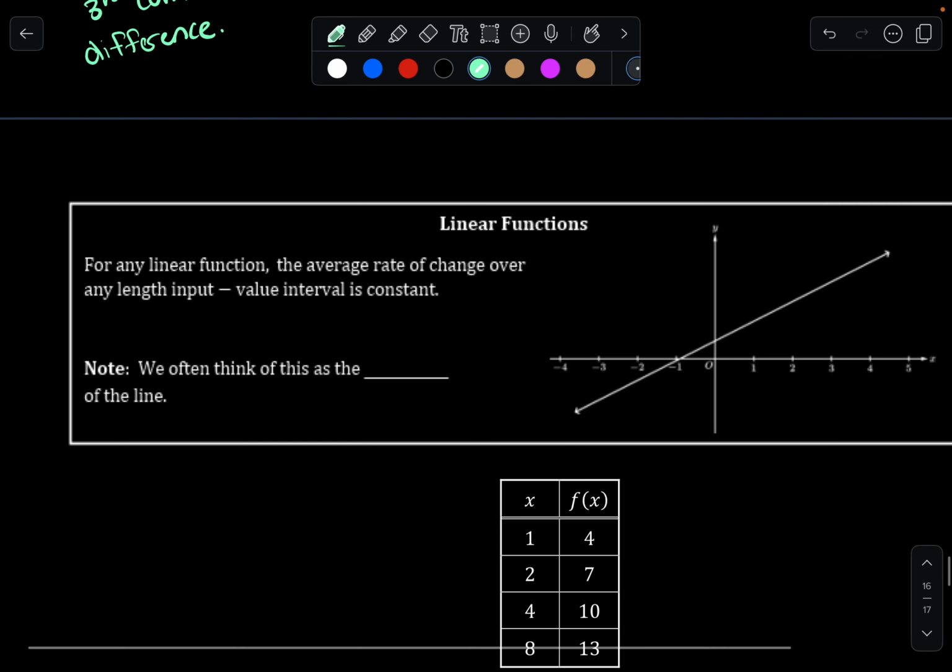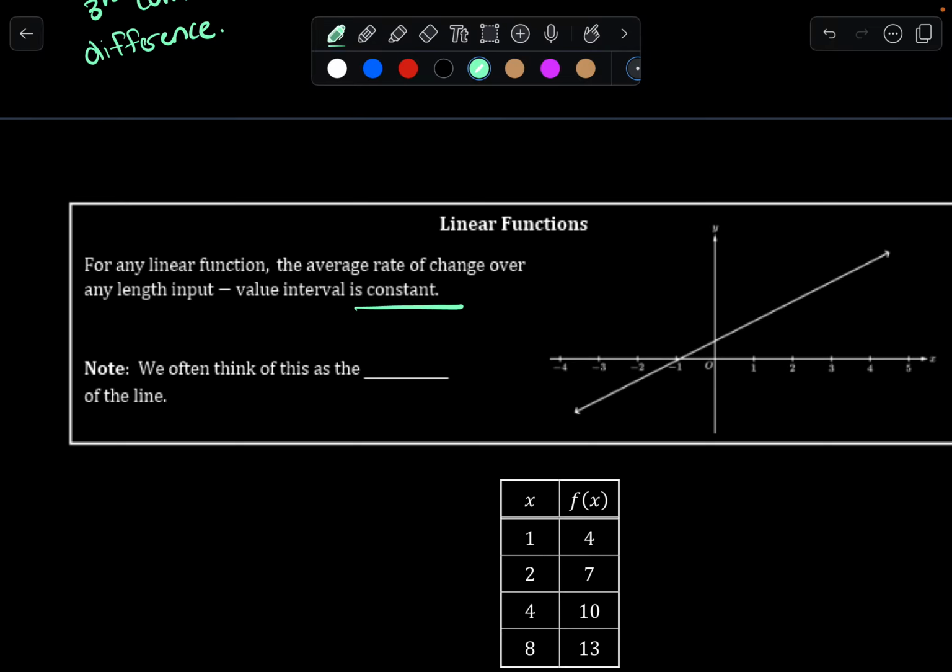So on this page, next is going to be talking about basically how we will see a linear function. So for any linear function, the average rate of change over any length input value interval is constant, okay?